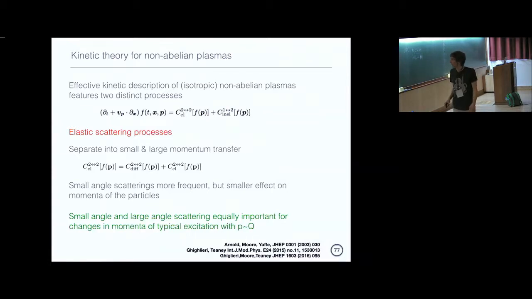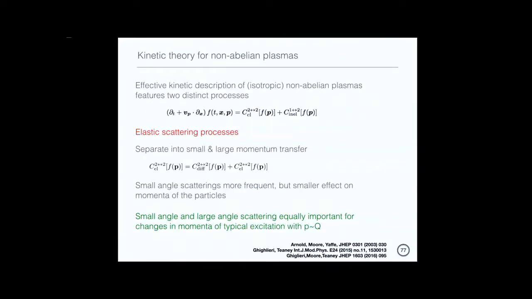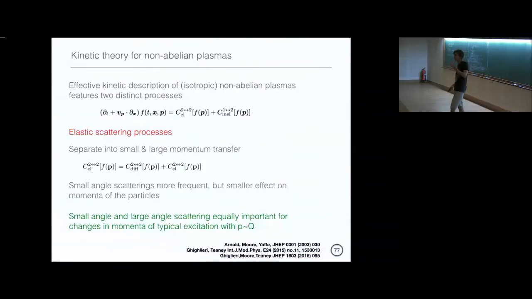That's why it's often a good idea to separate them into small-angle diffusive processes and really hard scatterings between gluons inside the medium, where for the small-angle ones you have to take into account medium modifications of the color fields.